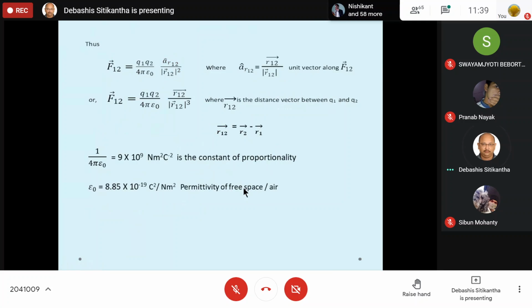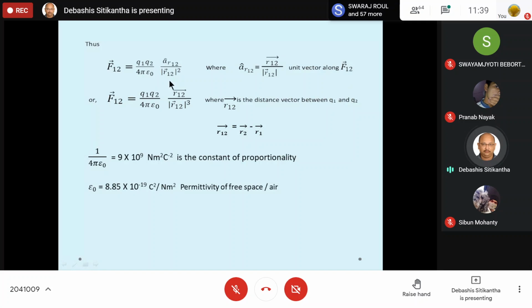Okay. Next. So the F12 vector is equal to Q1 Q2 by 4 pi epsilon 0. This is the magnitude part, and the direction part is given by a cap R12 by modulus R12 squared, where this is nothing but the unit vector along the F12 vector. Or in place of this, I can simply replace a cap R12 by R12 by R12 modulus.